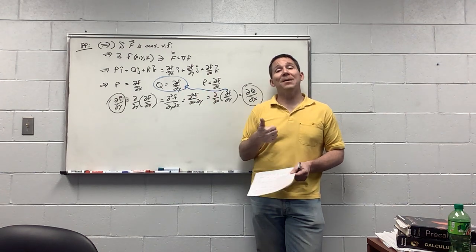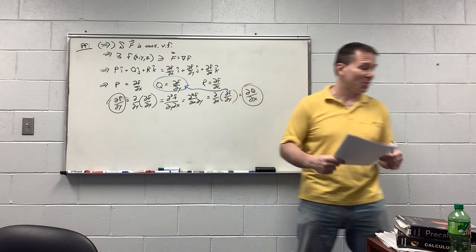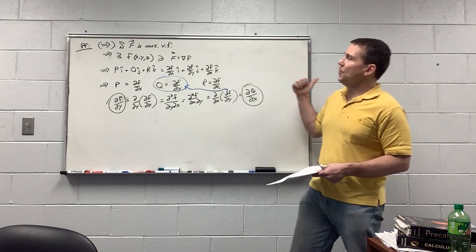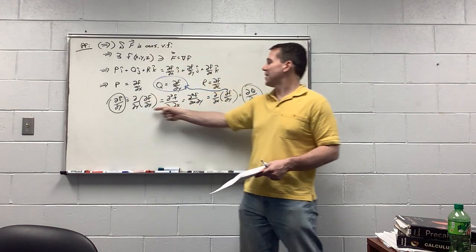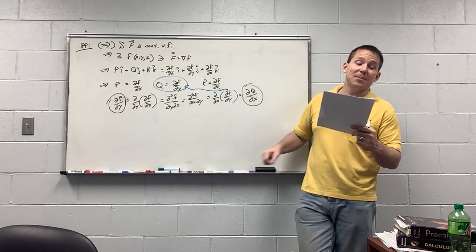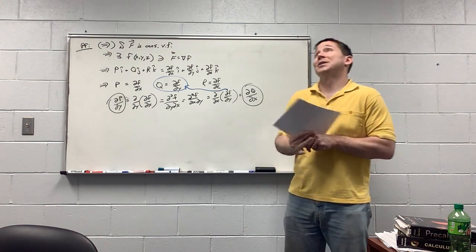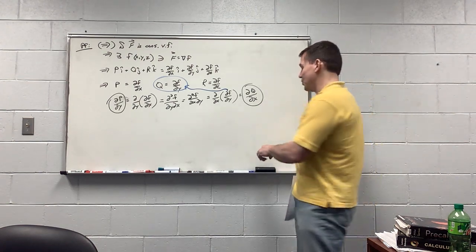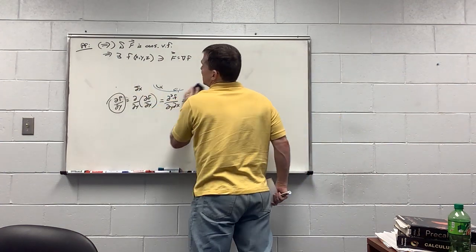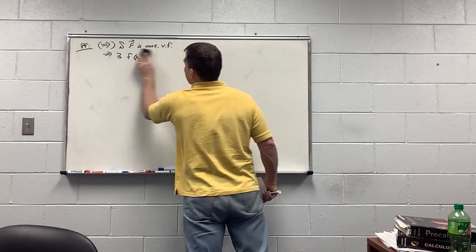So walk through them and make sure you can actually get them to work. And then, like I said, that will prove that if it's conservative, each of these equations hold. The backwards version, we can't actually prove yet. So we're going to save that for chapter 7 when we get to what's called Stokes' theorem, one of the fundamental theorems to this entire class.